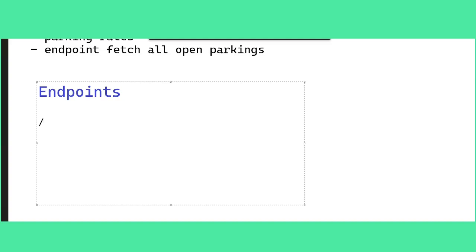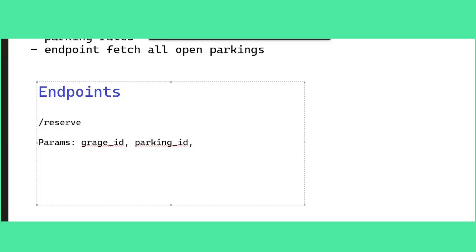The first endpoint is reserve. So we should be able to reserve a parking. The parameters it will take are garage ID, then parking slot ID basically.